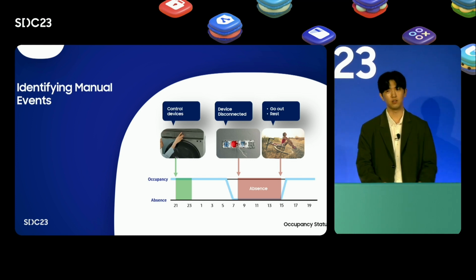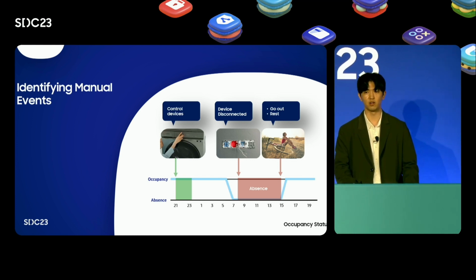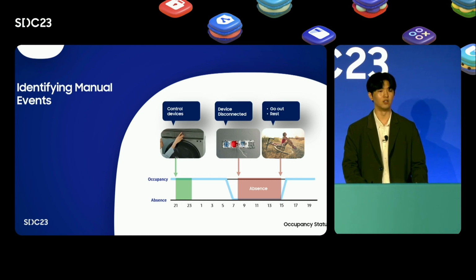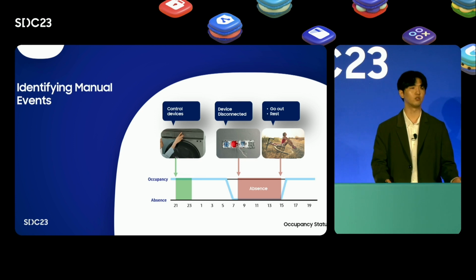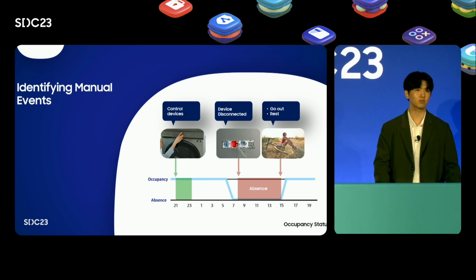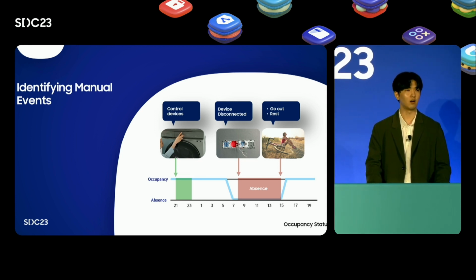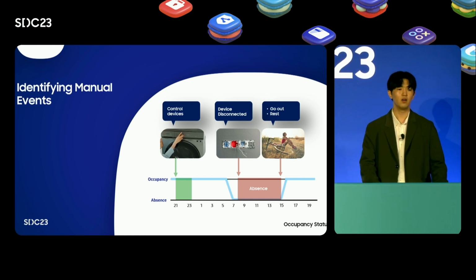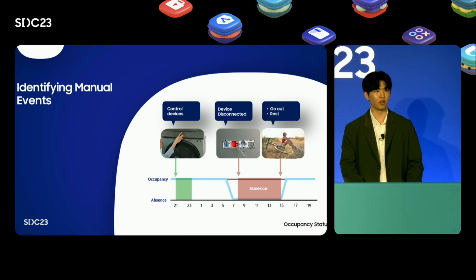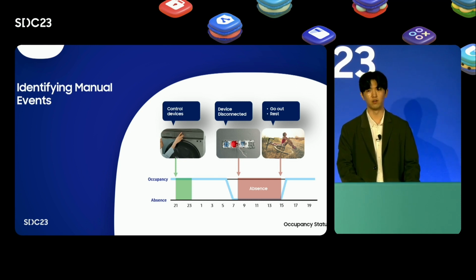However, if a TV isn't connected to SmartThings and someone uses it at 9 a.m., we can deduce that someone is home. In essence, our team focuses on identifying more manual events, while your responsibility is to link additional devices to SmartThings. The more devices you connect, the more precise our occupancy inference will be.